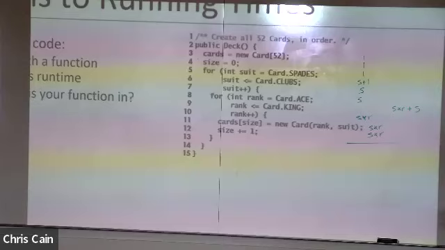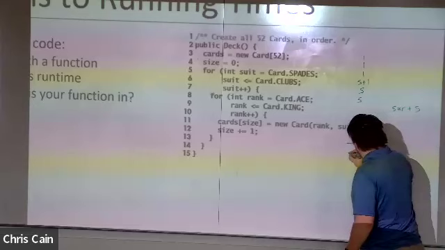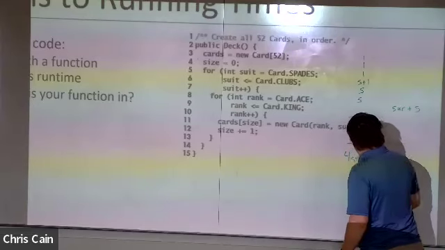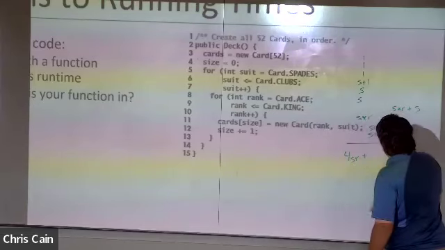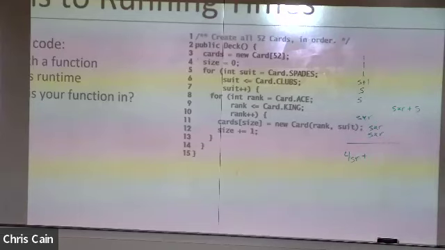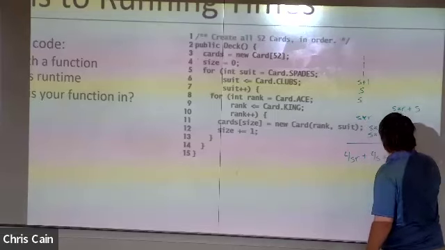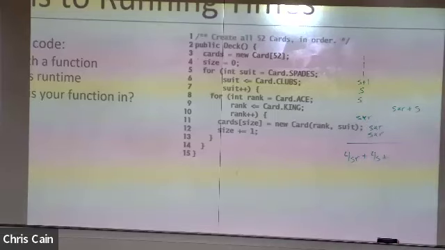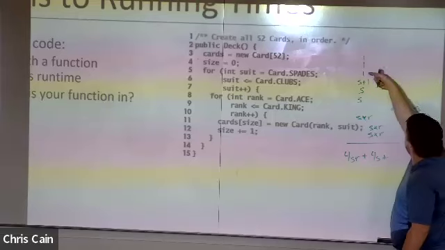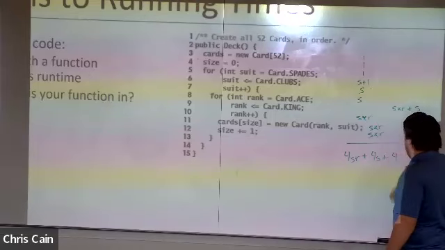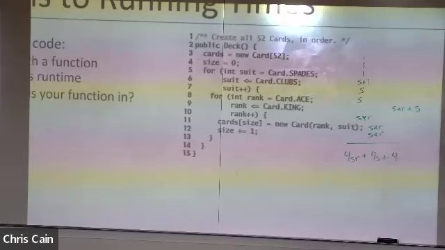So how many S times R do we have? 4 S times R? How many just S's do we have? 1, 2, 3, 4. How many ones do we have? 4. 1, 2, 3, and we'll count that one as separate. So the entirety of what we have determined here is 4SR plus 4S plus 4.